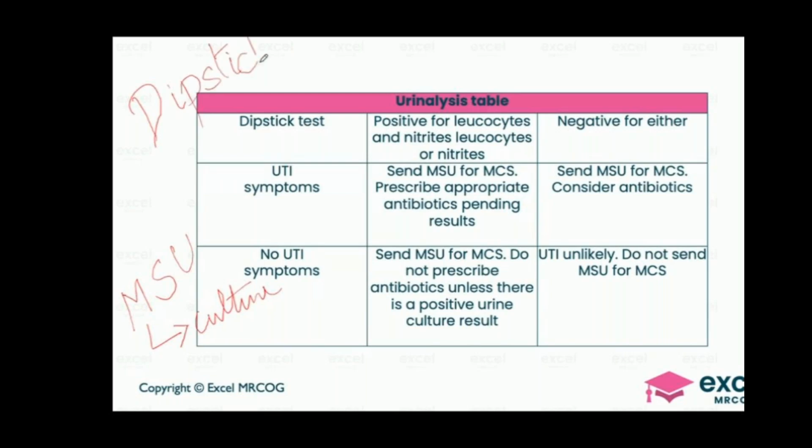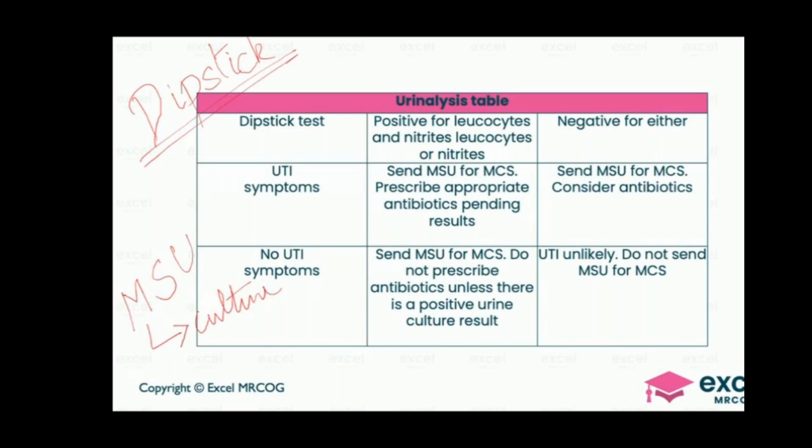Right? What is a dipstick? You just dip it into the urine; it is a test. It's a dipstick test to check whether it shows positive for leukocytes and nitrites. Okay, so that's the first step, as we have seen, right?